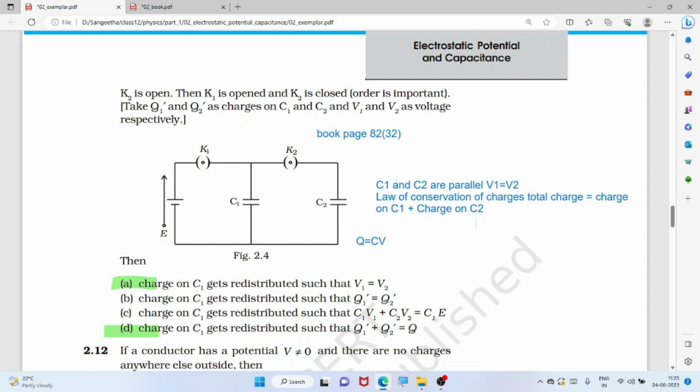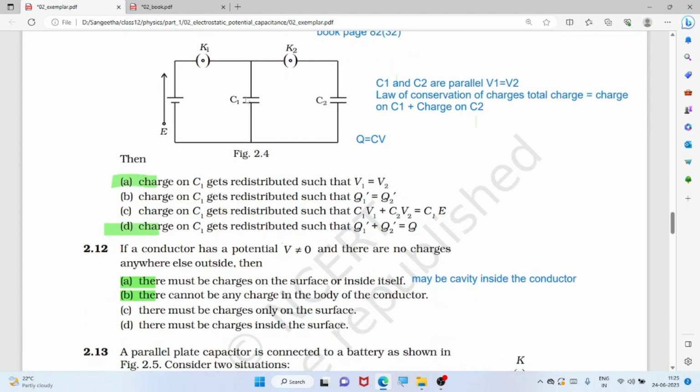Now K1 is open and K2 is closed, and this charge will get distributed here also. Charge conservation: the total charge will be distributed between these two capacitors. They are in parallel, so this voltage is the same as that voltage, and the total charge is distributed between these two. Law of conservation of charge.